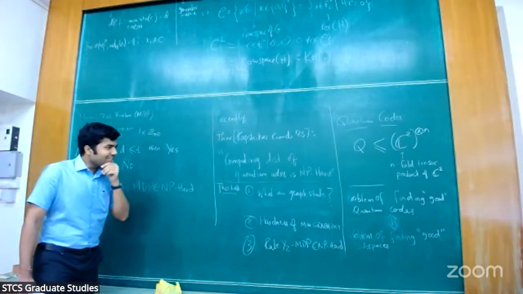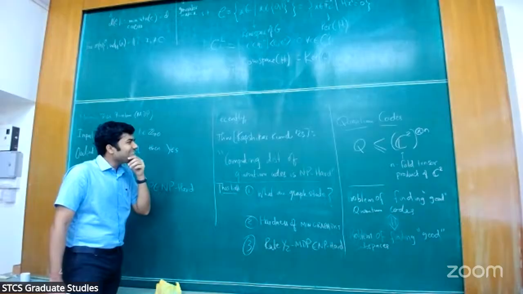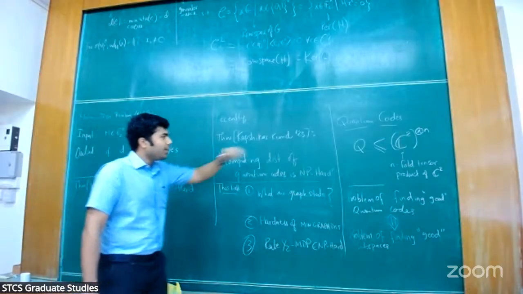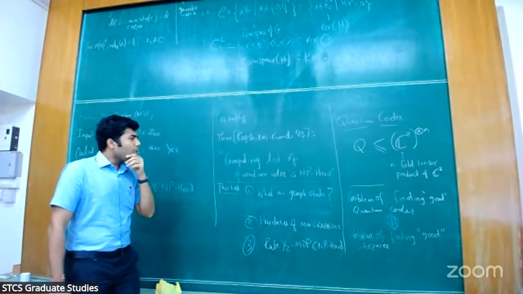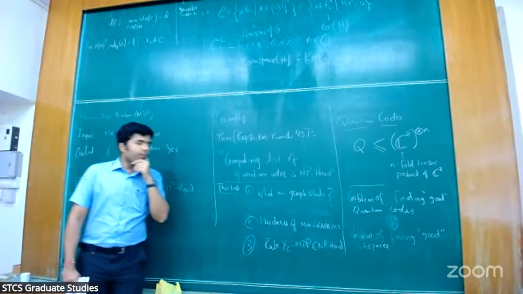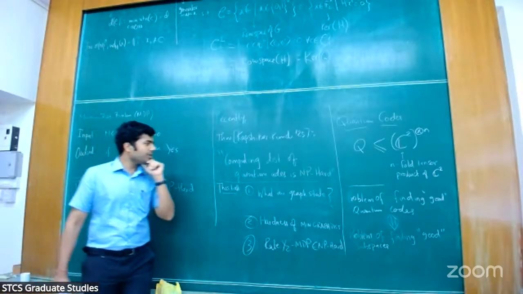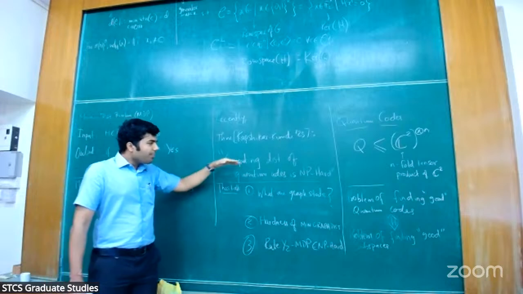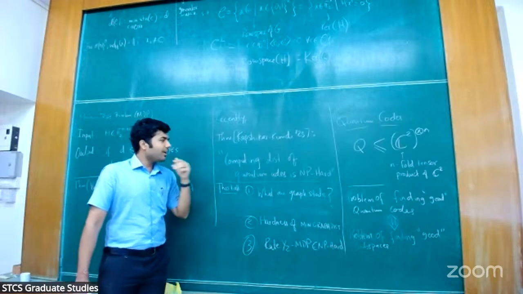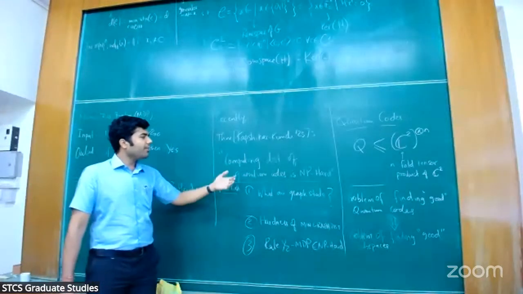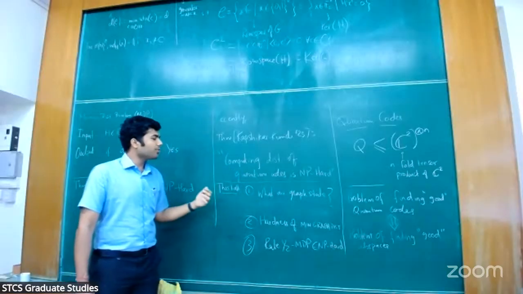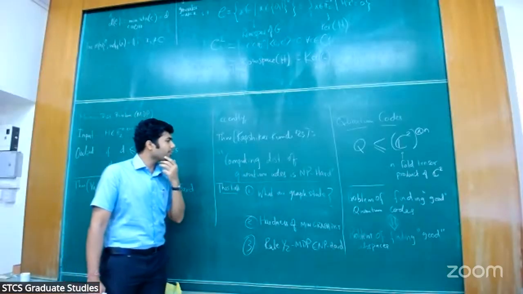Now, switching gears, recently Kapshikar and Kundu in 2023 solved a similar problem, but for quantum codes. What they showed was that computing the distance of quantum codes is NP-hard. It's a very informal way I have stated it, because I will be defining the notion of distance of quantum codes, and what quantum codes are for that matter.